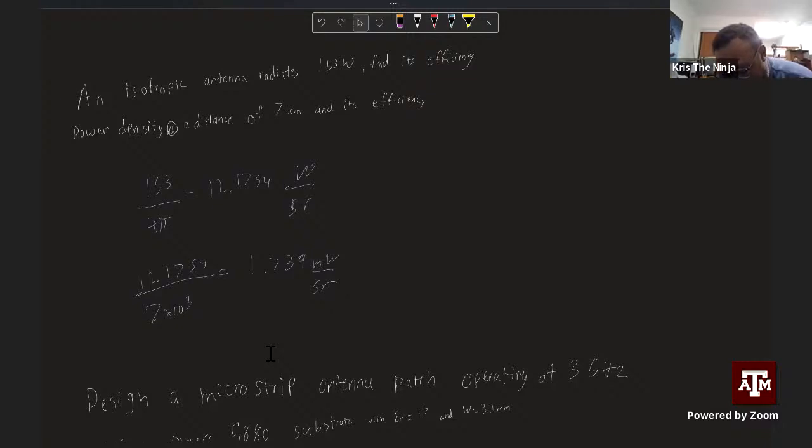Oh, we need to use the directivity. So we need to find the loss in dB, that G value. But it's the same thing as P rad over PT though. We're given the power radiated, which is 100 watts, right? Yes. So how do we solve for the power transmitted?